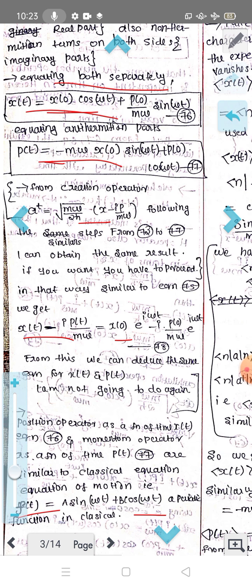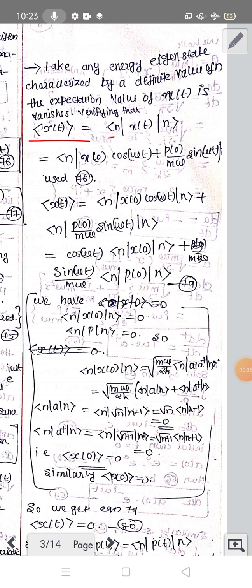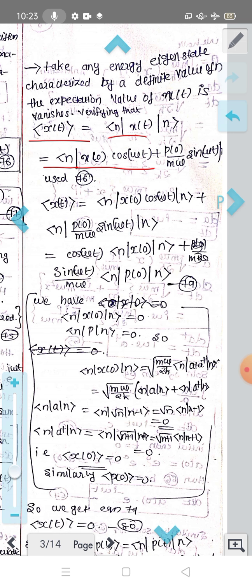So the expectation value of x of t is bra n x of t ket n. Put the value of x of t, it is x of 0 cos omega t plus p of 0 by m omega sin omega t, ket n.